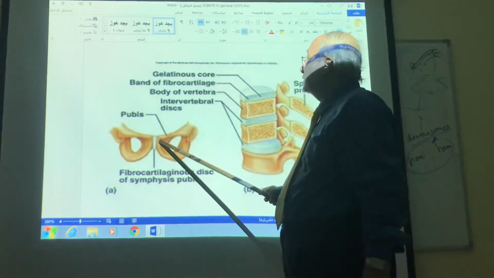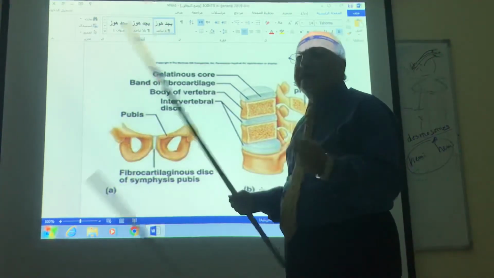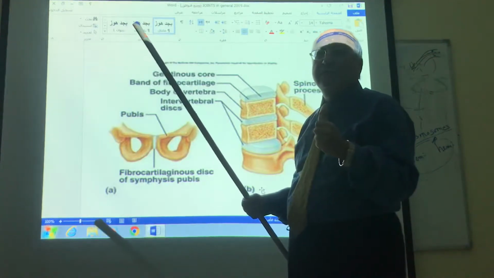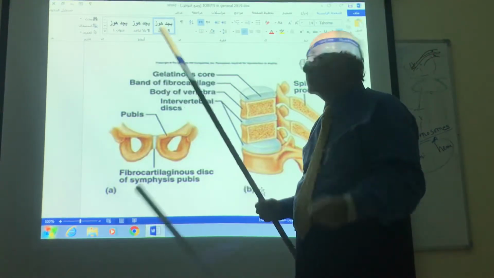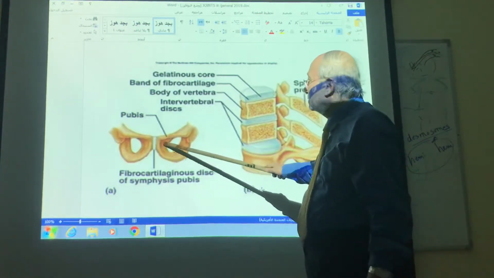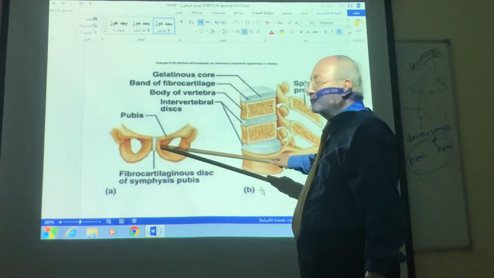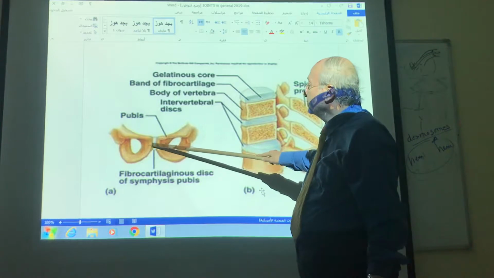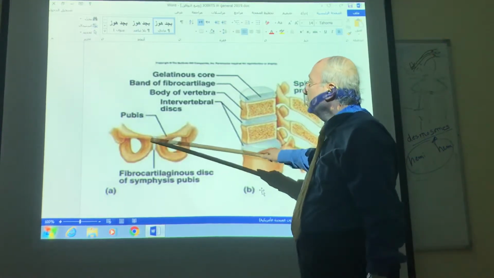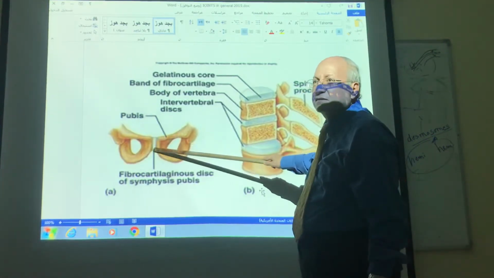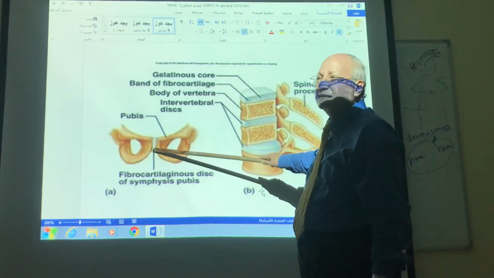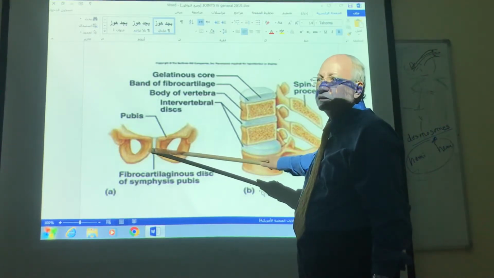The joint is strengthened and supported by a ligament passing from one bone to the other, fusing with the white fibrocartilage.